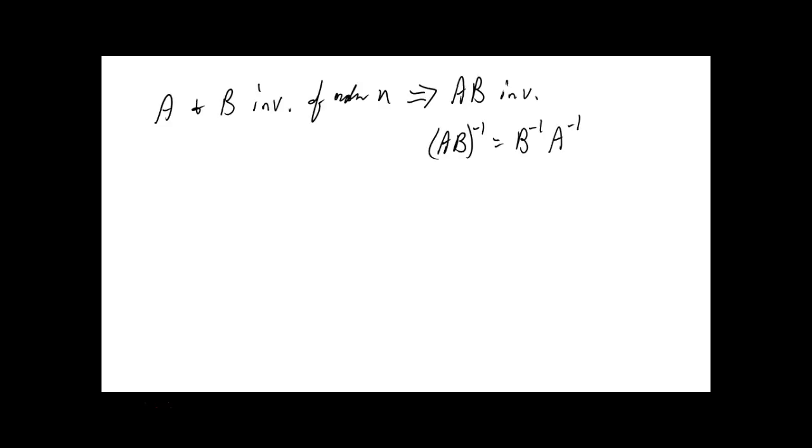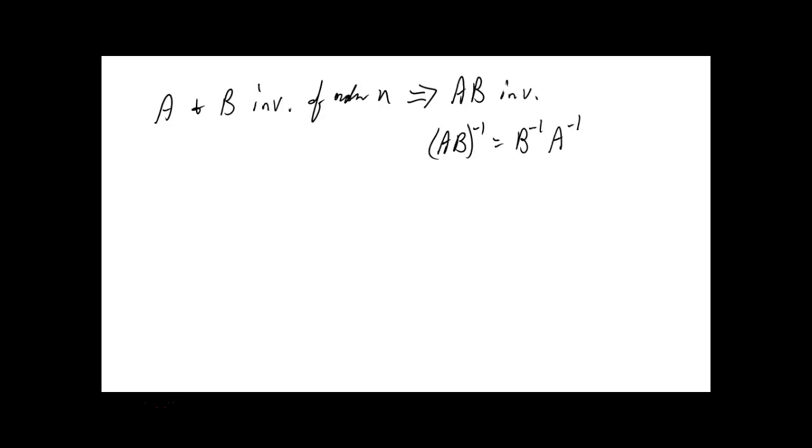Now, it's actually a pretty clever little proof to show that it's indeed true, that these two are inverses of each other, that they are the same. Let's see how to say that. That the inverse of AB is equal to inverse B times inverse A.